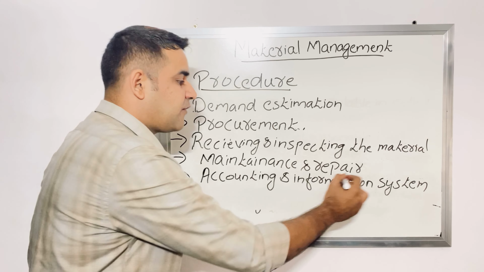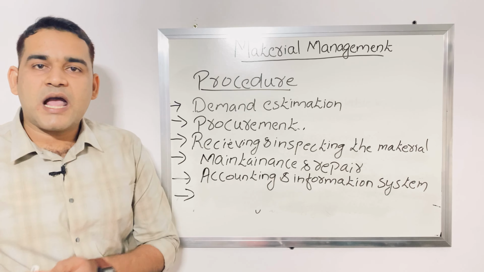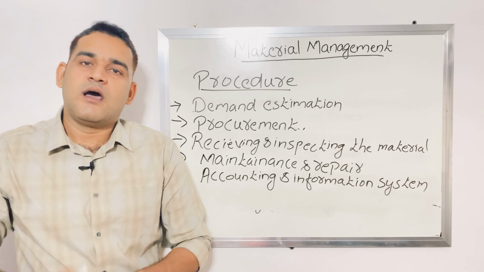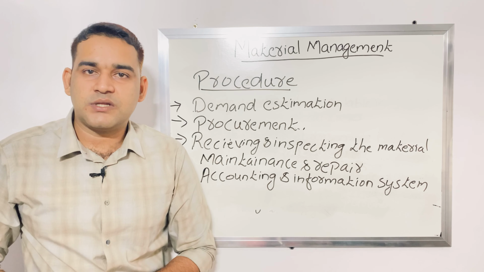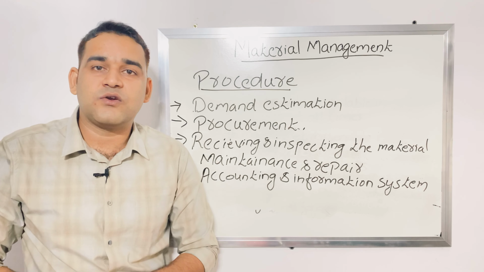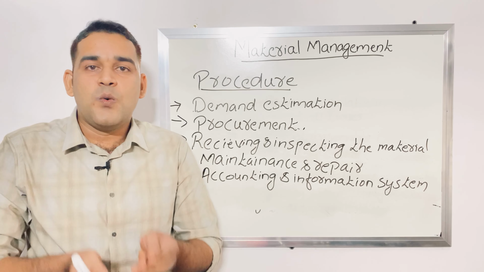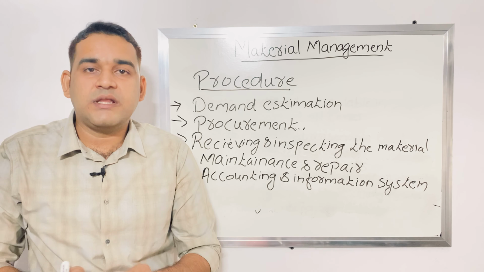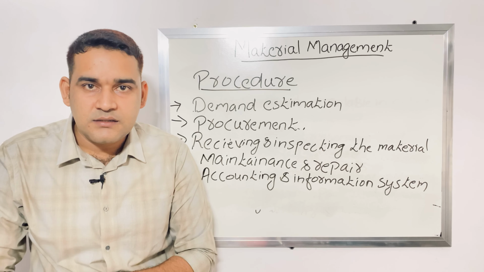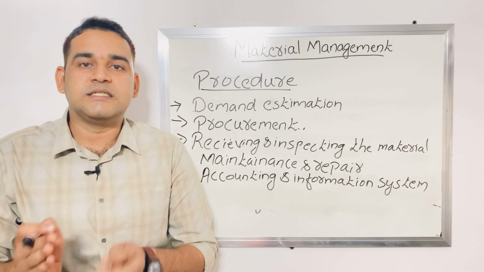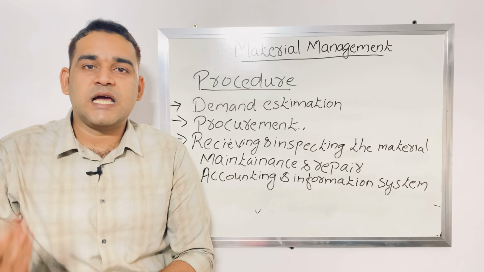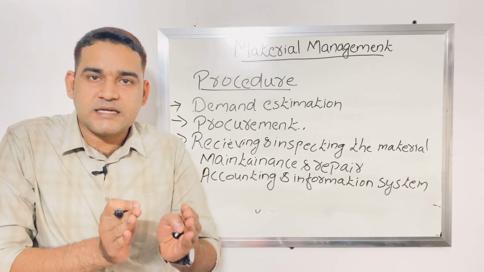Accounting and information system. So accounting and information system is related to finance. It is related to the amount you have spent to purchase, the amount that is required to purchase that item. That is accounting.